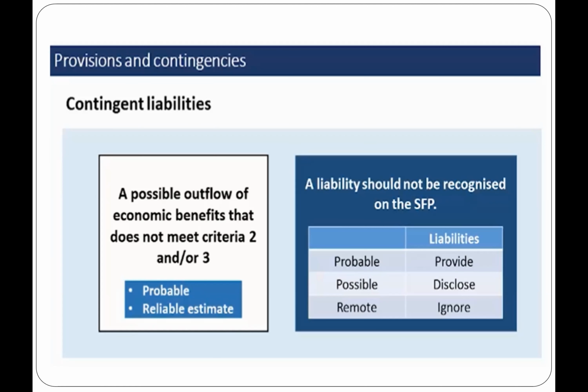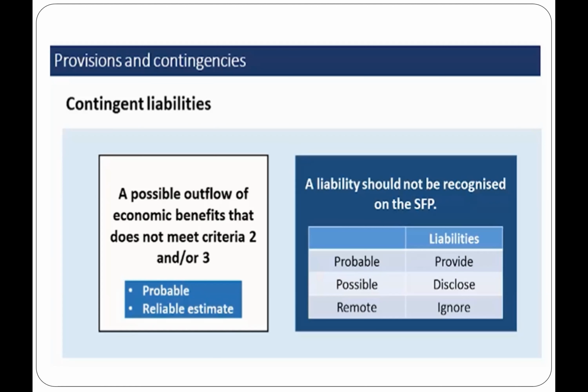Chances that we are actually going to be asked to pay are high, but we are not able to determine how much the courts are actually going to ask us to pay, which means you are telling the users of the financial statements that you are not able to make a reliable estimate. So that's the disclosure note that you need to put in the notes of the financial statements. You explain the issue and the reason why you are not making a provision and putting it on the face of your statement of financial position. So for provisions, you actually put the provision on the face of the balance sheet.